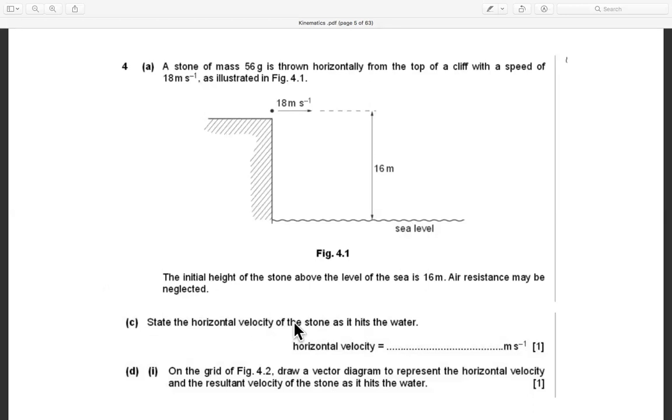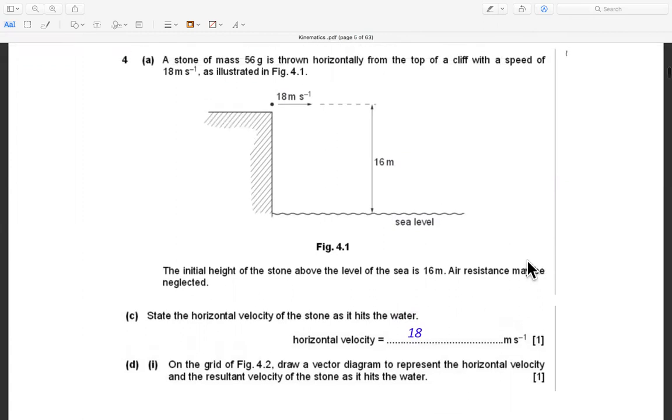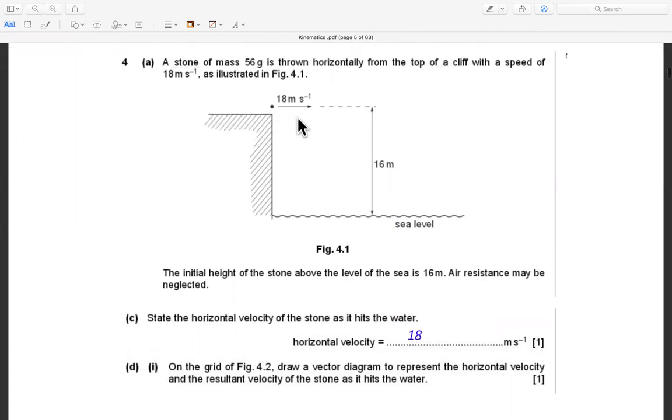Okay, this is constant, the horizontal velocity. So it's the same thing, 18 again. This is 18 meter per second. In every single point, the horizontal velocity is the same.